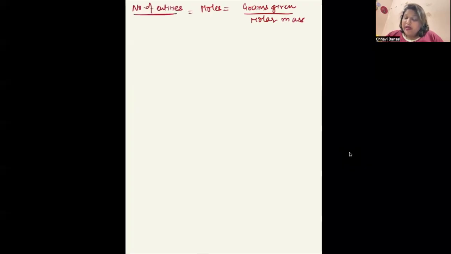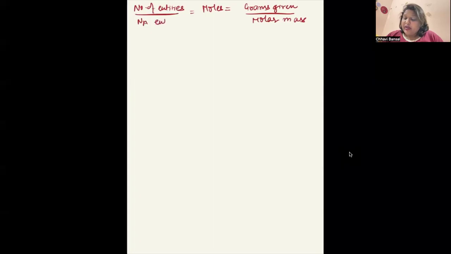So the very important formula that we did there was number of moles is equal to grams given divided by molar mass. It is also equal to number of entities given by Avogadro's entities. Okay, these are the two formulas which we can use to calculate the number of moles.